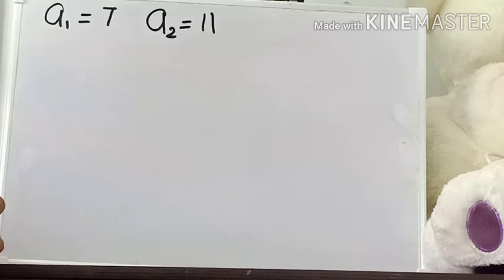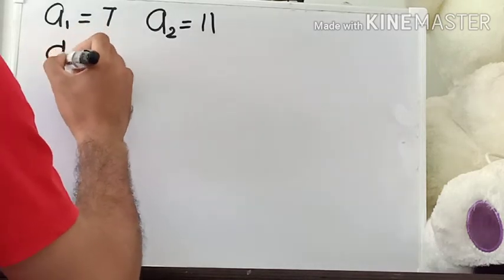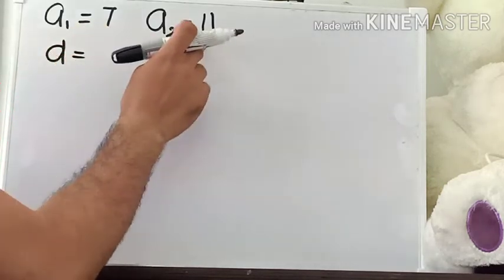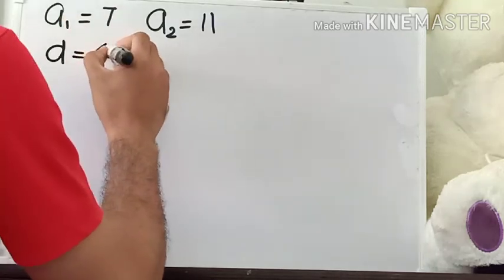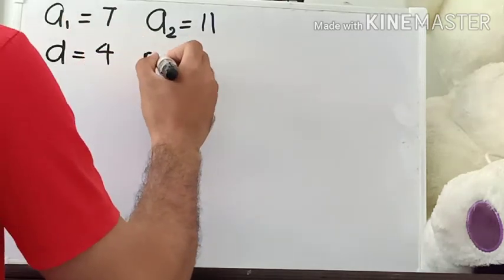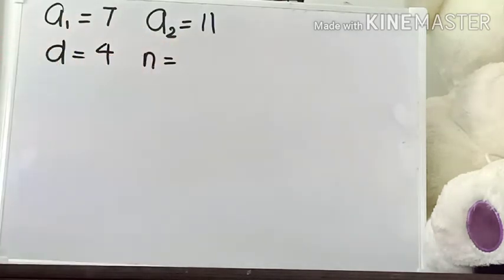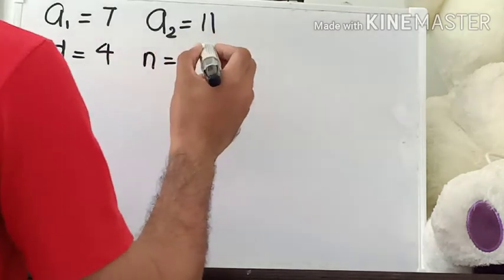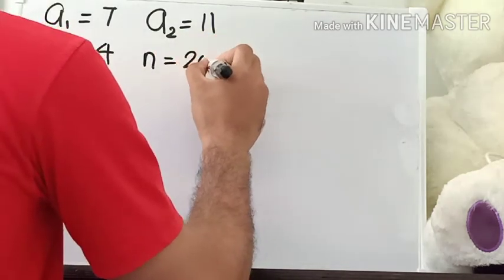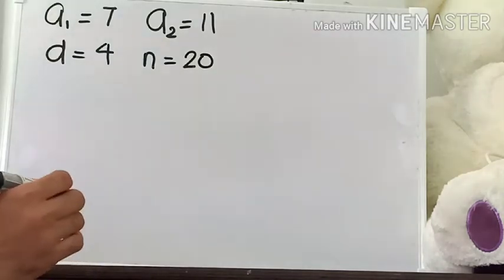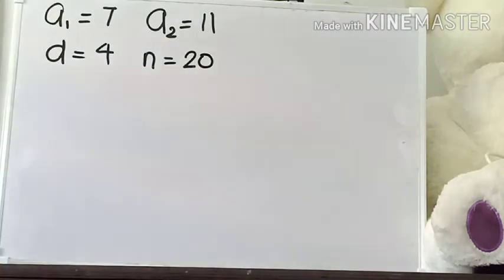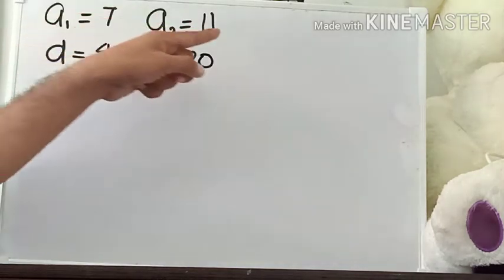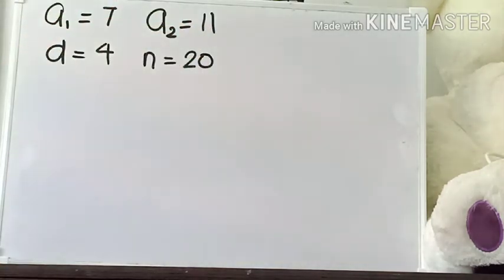We can find thereafter the common difference to be 11 minus 7, which is 4, and the number of terms in this series, as given in the problem, is 20, since we are looking for the sum of the series with 20 terms, with first and second terms as 7 and then 11.